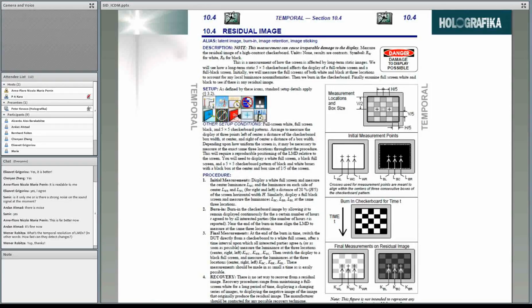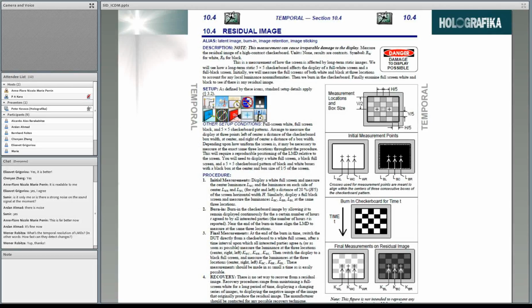Then here is another interesting one, the residual image, which you may remember from the CRTs, but it may still exist with some technologies. Here you can see that there is a warning saying that it is possible to diminish the display. Like, what is happening here, I would say nothing special. So it's basically burning in a checkerboard pattern after measuring the initial state of the display.